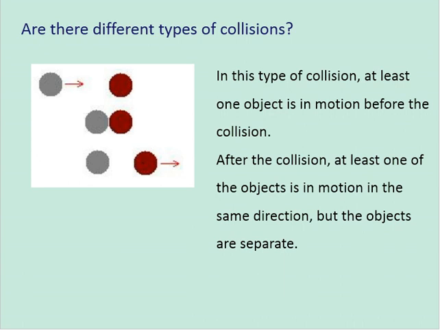Think about this as a rear-ending of a car. There's a car at a stoplight, and a car comes up behind it and rear-ends that car. Both of those cars are going to move off in the same direction as the car that did the rear-ending prior to the collision, and they're going to stay separate, but both of them are going to change their velocities.